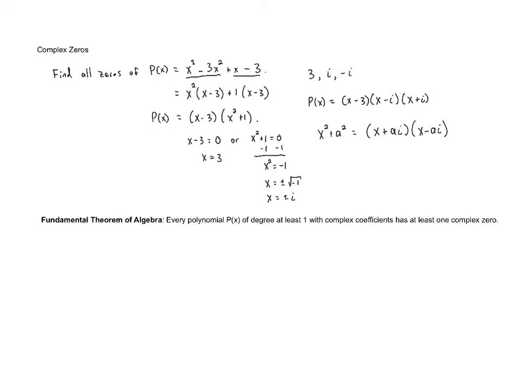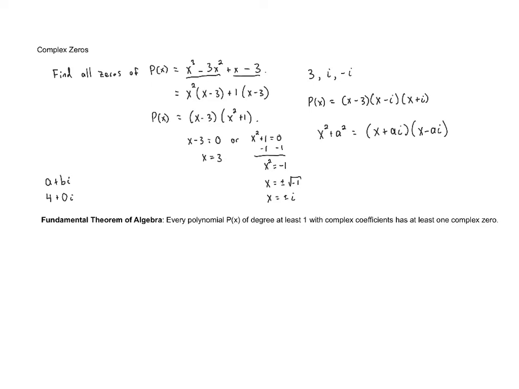Complex numbers are any number that can be written in the form a plus bi, where a and b are real numbers. And so a real number, like 4, is a complex number because we can write it 4 plus 0i. So all of the polynomials that we have looked at fit under the fundamental theorem of algebra, and this tells us that all of them have at least one complex zero.